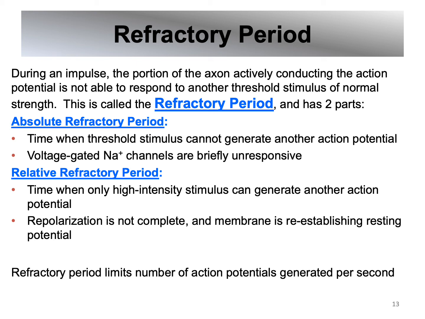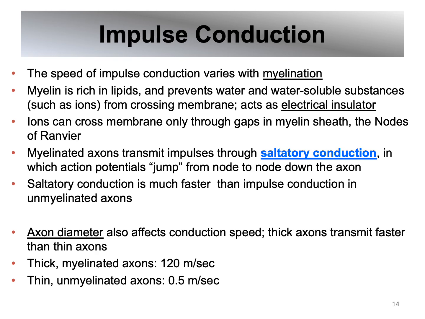All the voltage gated sodium channels are briefly not responding. Relative refractory period, however, is the time when only a high intensity stimulus can generate another action potential. Repolarization is not complete yet, and the membrane is re-establishing the resting potential. Refractory periods limit the number of action potentials generated per second.